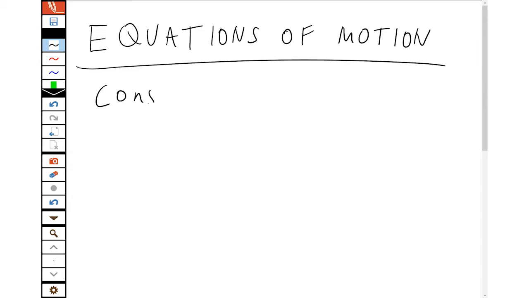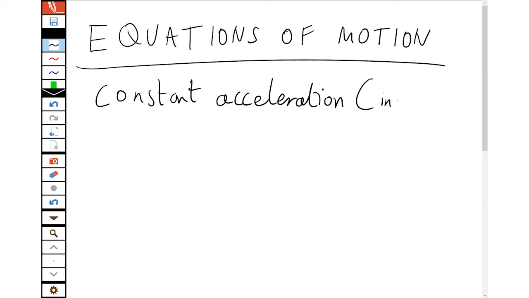Very handily, the key point is the idea of constant acceleration. If you have a constant acceleration, and that can include zero, then it's equations of motion. If you don't have a constant acceleration, then that'll be a conservation of energy problem usually, and that's later in the course. So how do you know you have a constant acceleration problem?